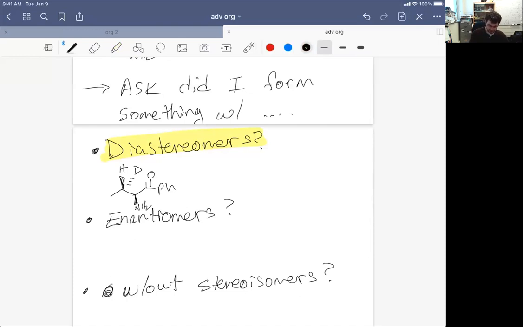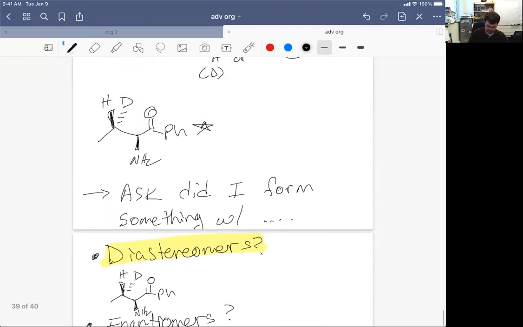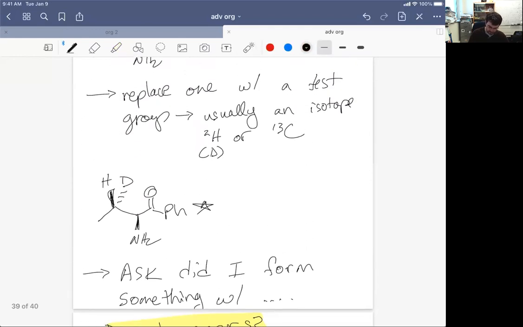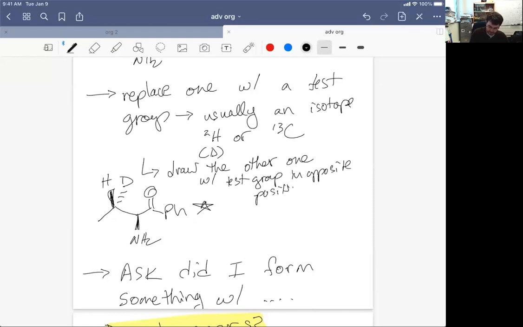So what I like to do, let's clarify this a second. Let's replace one with the test group and then draw the other one with the test group in the opposite position. This should clear things up. Okay, so we're going to draw two potential molecules.